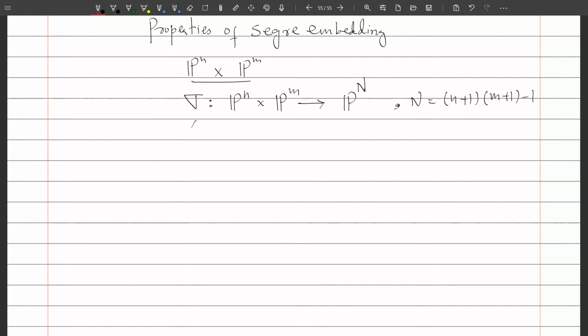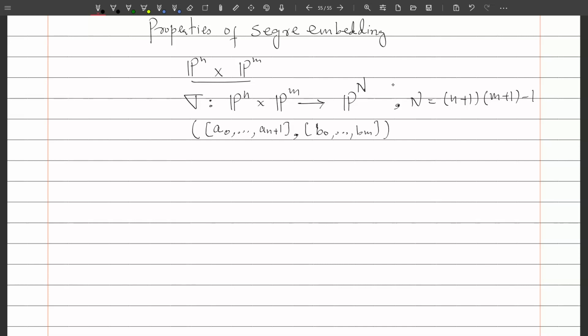So this sigma takes the tuple of vectors. The first component is an element of Pn, so it has to be an n plus 1 vector, a0 up to an, and the second is an element of Pm, an m plus 1 vector, say b0 up to bm.